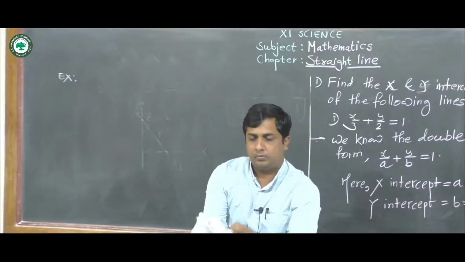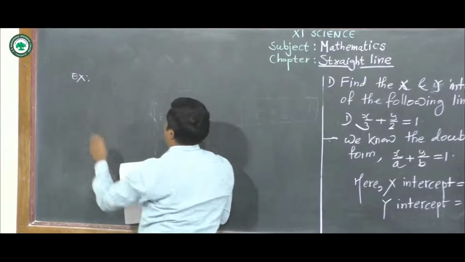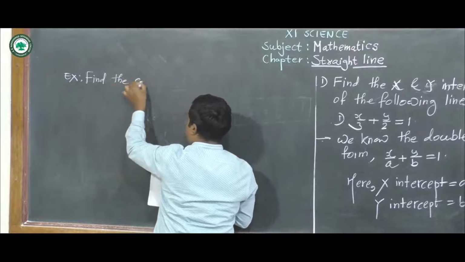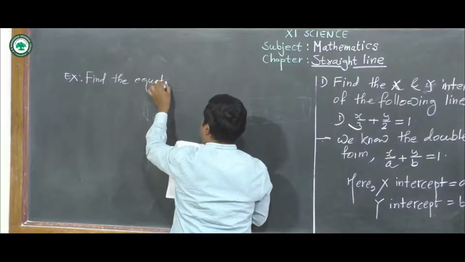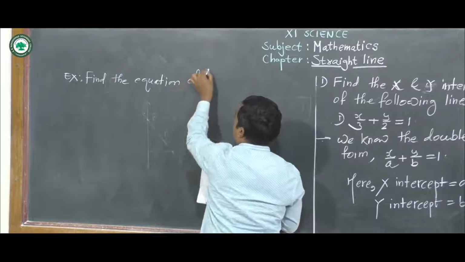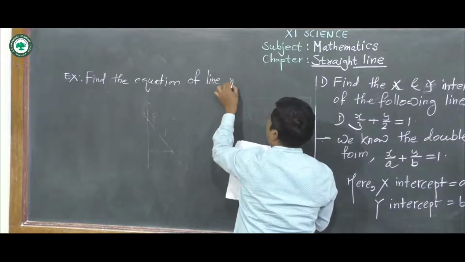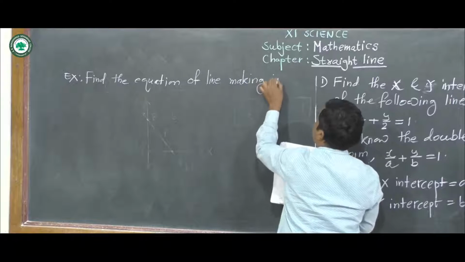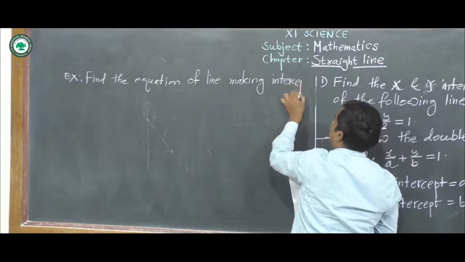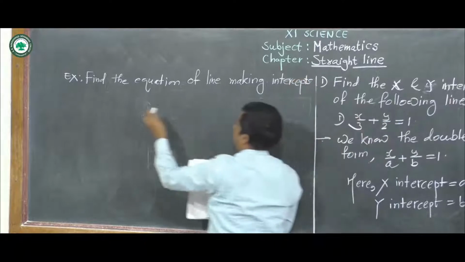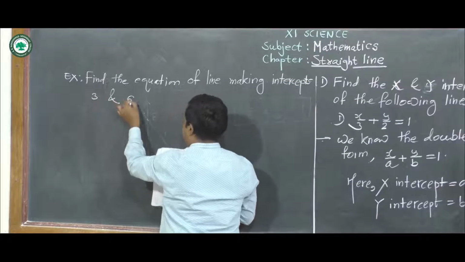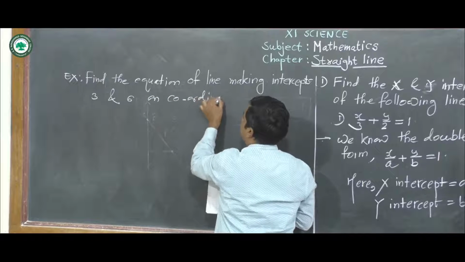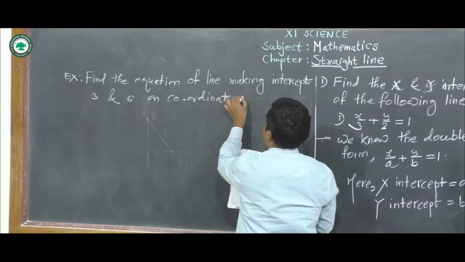Example: find the equation of the line making intercepts 3 and 6 on the coordinate axes.